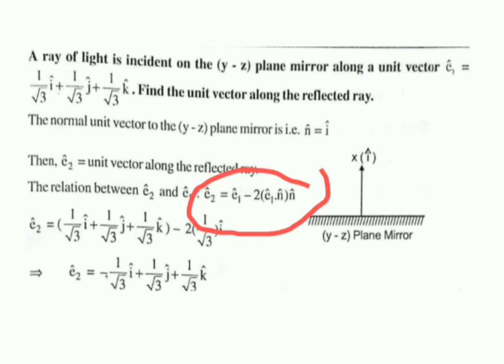Now you can clearly see that if the normal to the mirror is in the I cap direction, in the reflected ray only the direction of the I component has reversed.